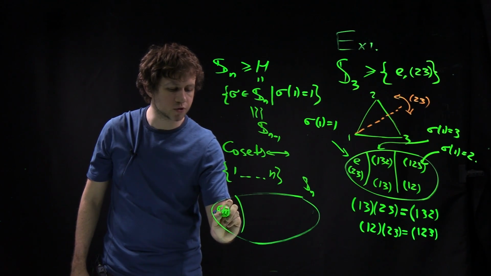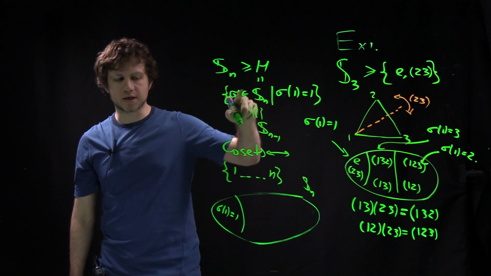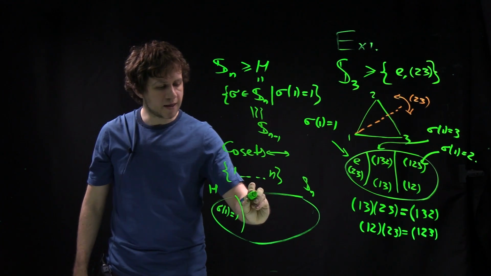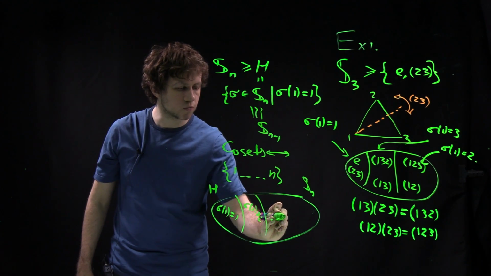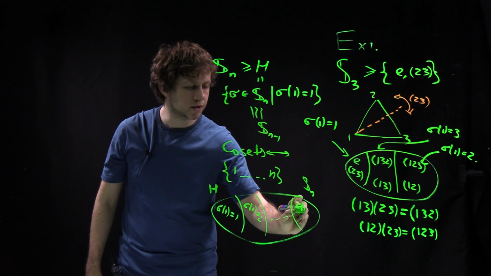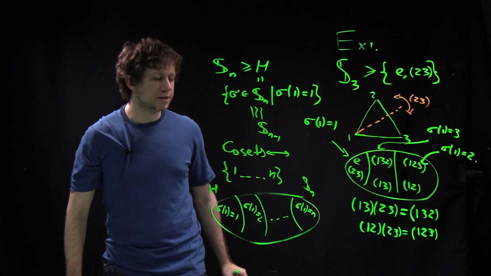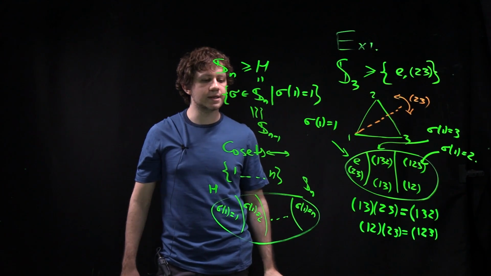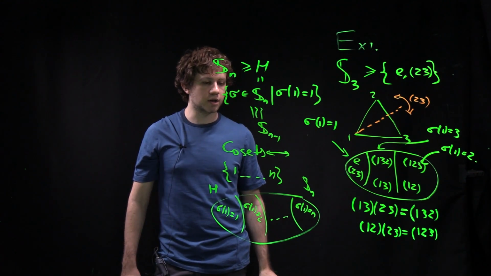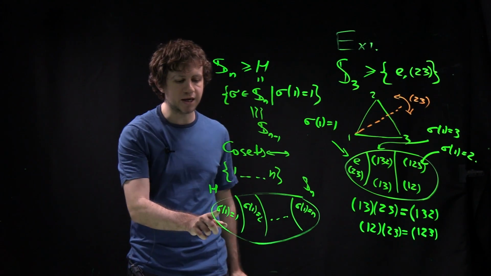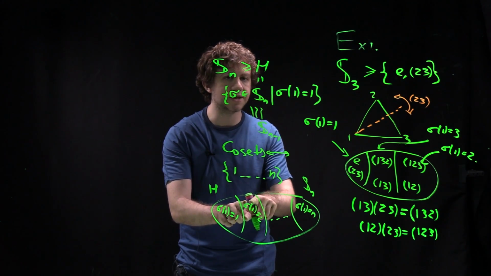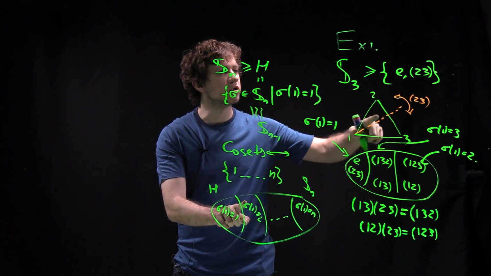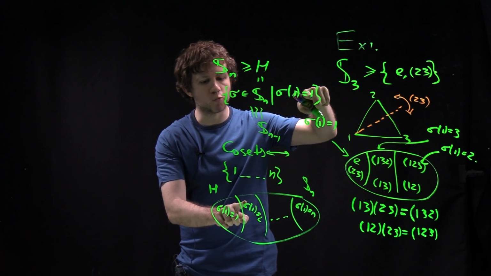Sigma of 1 equals 1, this is the subgroup itself, it's H. And then you can look at sigma of 1 equals 2, and so on, up to sigma of 1 equals n. And this is really easy to see why these things are actually cosets. Because imagine you take this permutation sigma somewhere in one of them, and you multiply it from the right by a permutation which fixes 1.